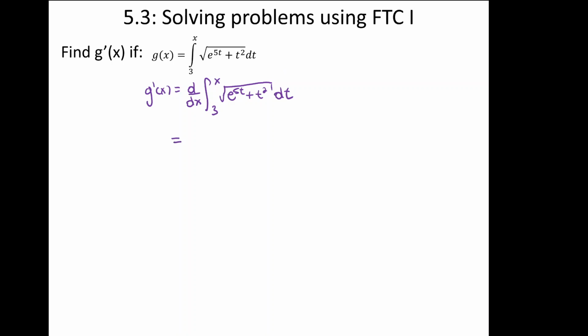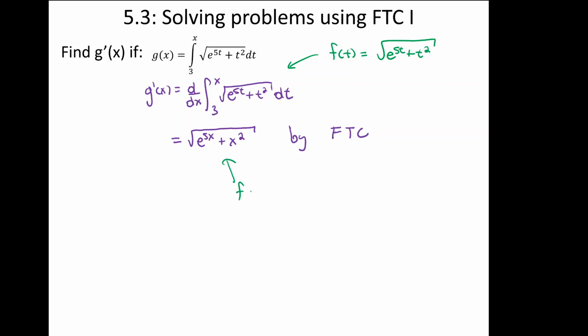And then by the fundamental theorem, this is just going to be the square root of e to the 5x plus x squared by FTC. So here, f of t was the square root of e to the 5t plus t squared. And our answer is just f of x, the t replaced by x.